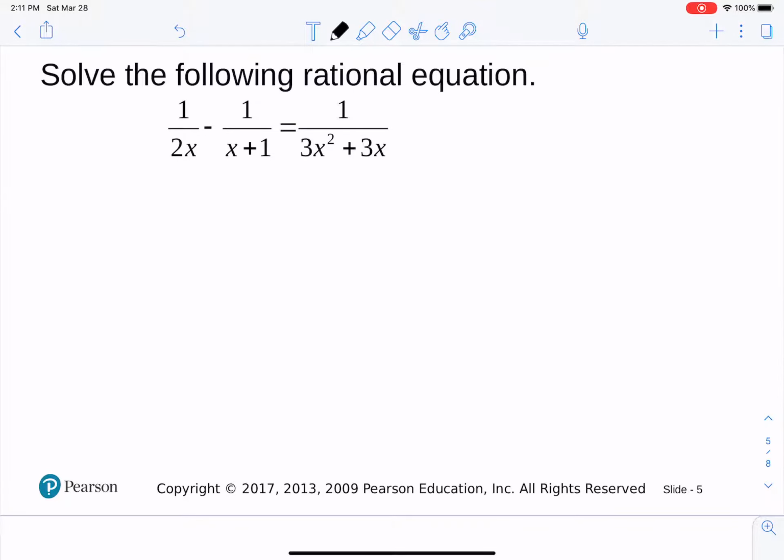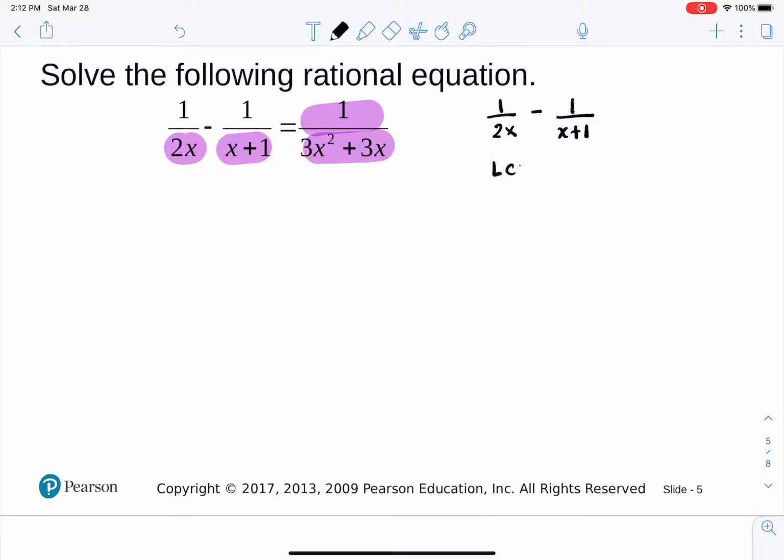So here we have another rational equation. So this side we have a single term, there we have two terms. So our first objective is to combine the two terms on the left-hand side to get a single term. So we have 1 over 2x minus 1 over x plus 1. We have to find a common denominator in order to combine the two fractions here.